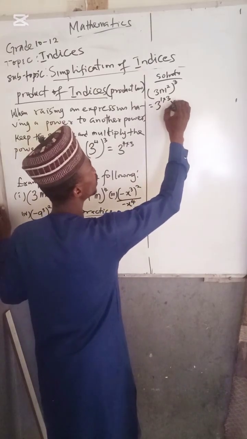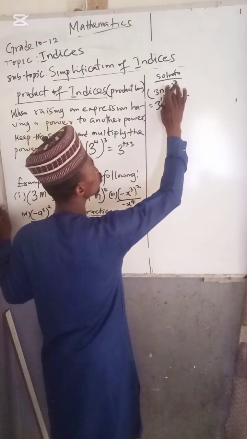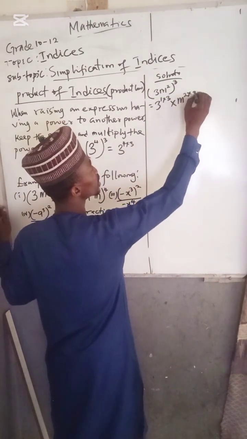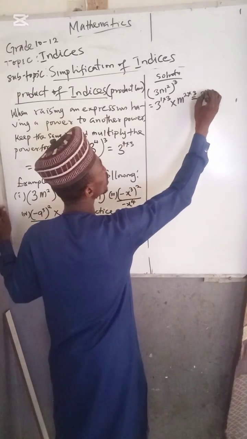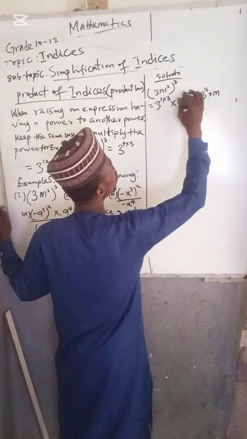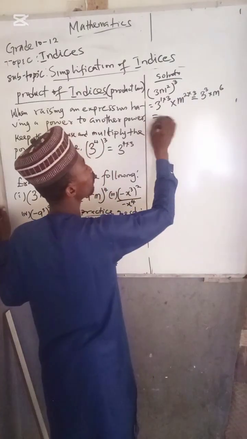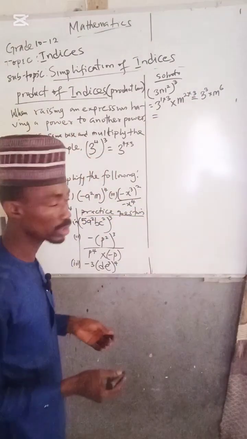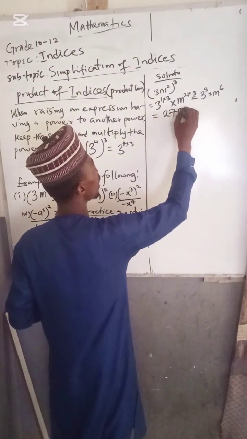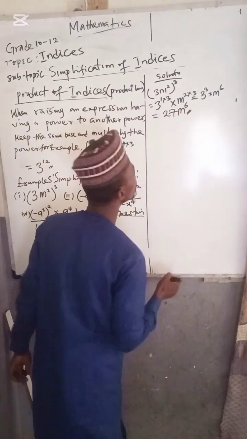The m here, m raised to the power of 2. We say multiply it with the power outside, times 3. Then you therefore have 3 raised to the power 3, then times m raised to the power 2 times 3, 6. So we have 3 raised to the power 3, we know it's 3 times 3 times 3, that's 27. So we have 27 m raised to the power of 6.